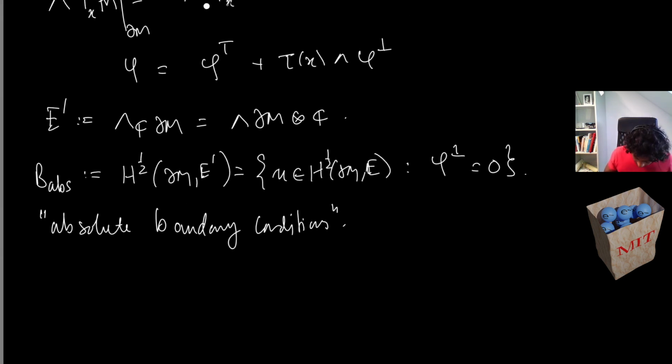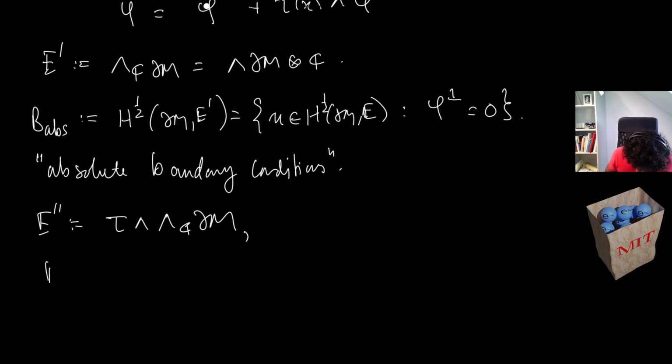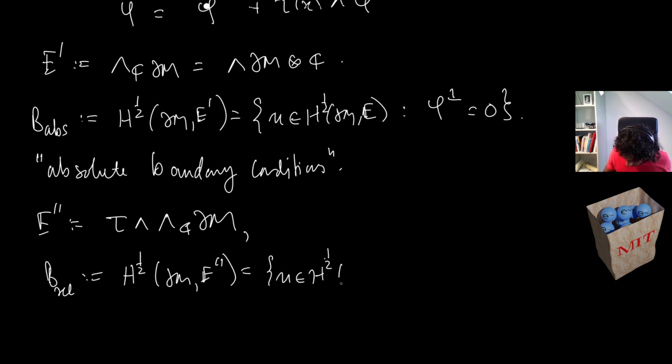And E double prime, similarly, I'm going to set to τ wedge Λ^(P-1) T*∂M, twisted by C. And then the so-called relative boundary conditions are where we take H half of ∂M, E double prime, which is U in H half of M, E, such that the tangential component is now 0.